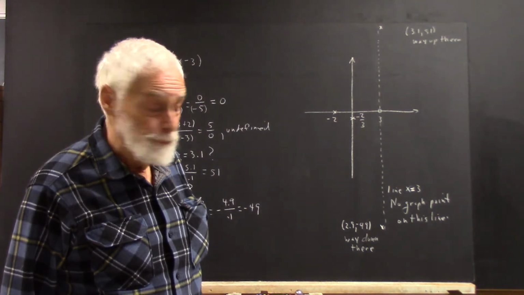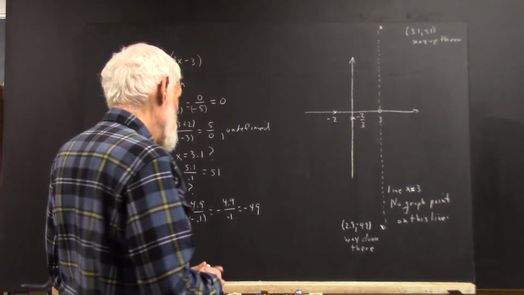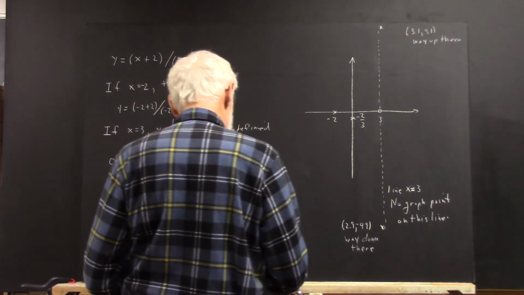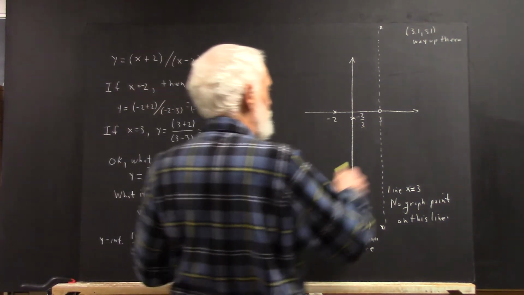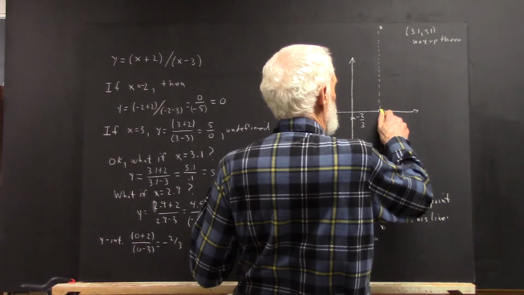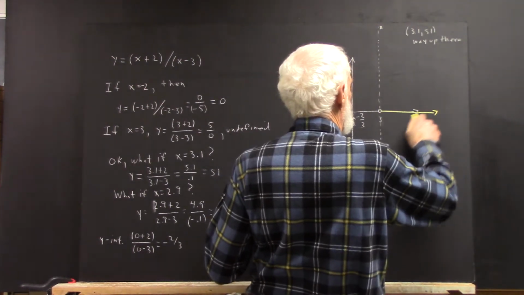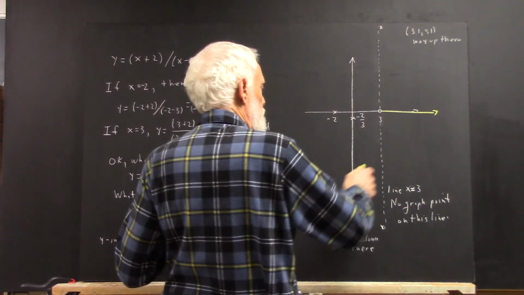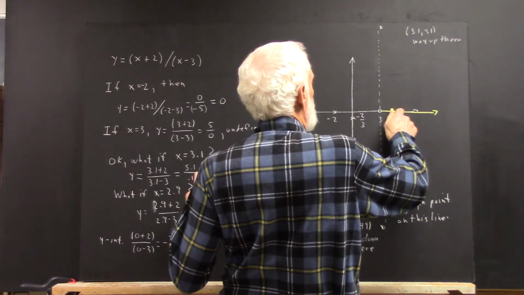Okay, we can then test to the right of this point. Let's just choose x equals 4. That's an easy number.